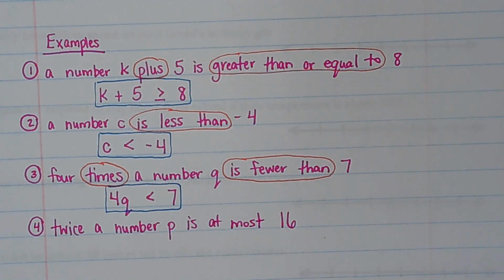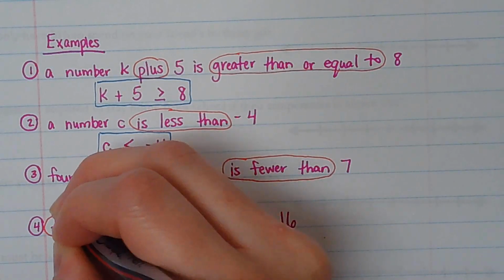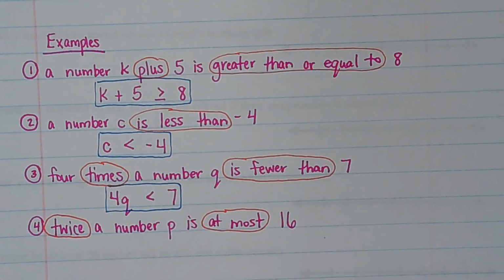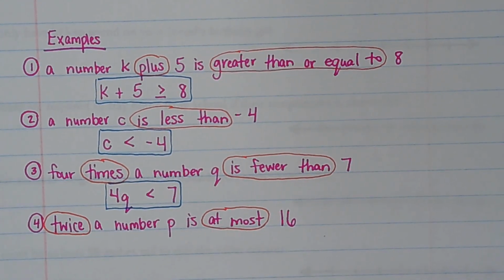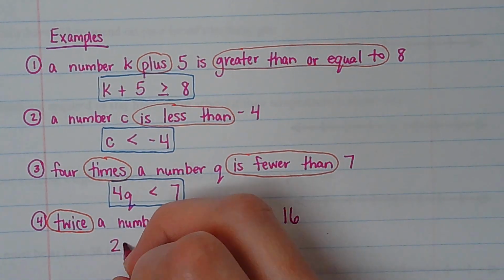Okay, so let's circle our keywords. Twice is important, and then at most is important. Okay, so I remember back in my translating expressions notes that twice meant you're multiplying by 2. So I'm doing 2 times P.